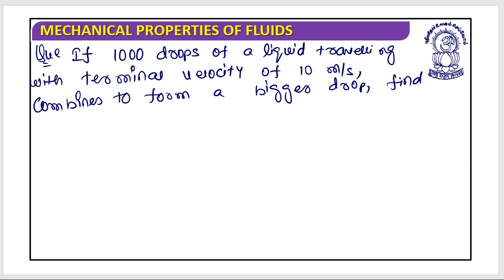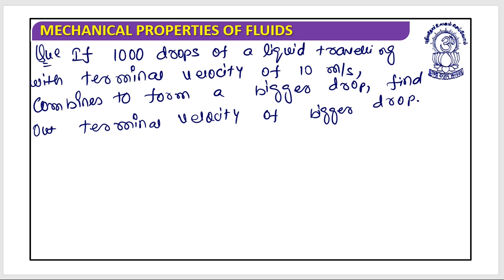Find out the terminal velocity of the bigger drop. How could you get it? What do you think? What can be done? So what we understand is there are 1,000 drops, and these 1,000 drops are traveling with a terminal velocity of 10 meter per second, and all these drops combine to form a bigger drop.